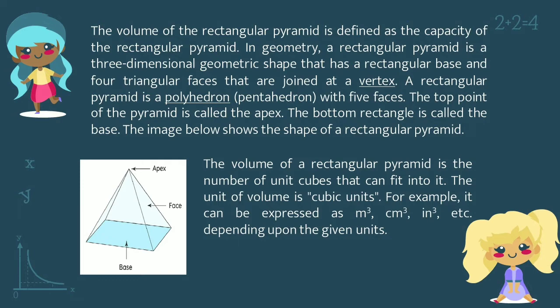The volume of a rectangular pyramid is the number of unit cubes that can fit into it. The unit of volume is cubic units. For example, it can be expressed as meter cubed, centimeter cubed, inch cubed, etc., depending upon the given units.